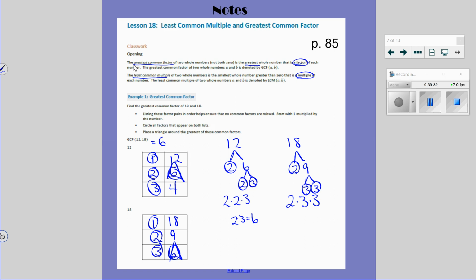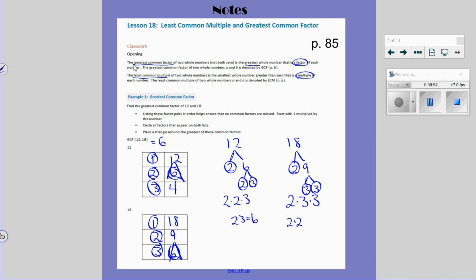Listen up. If I now want to find the LCM, the least common multiple, now I find the largest number for each factor. So this one has two 2s, this one has one 2. Which one's bigger? Two 2s. So 2 times 2. This one has one 3, this one has two 3s. Which one's bigger?